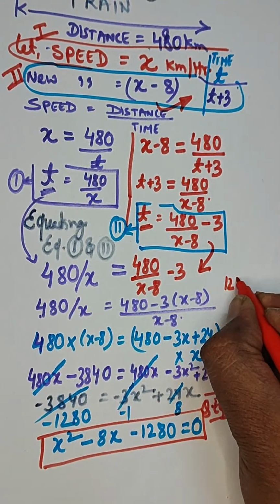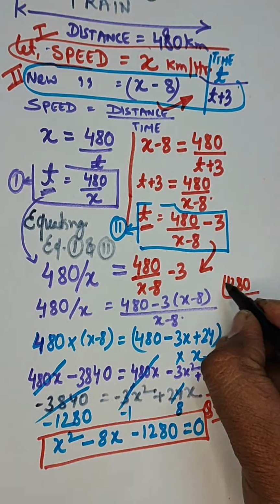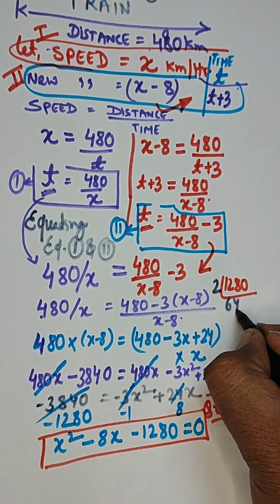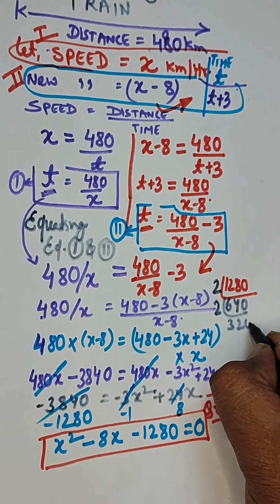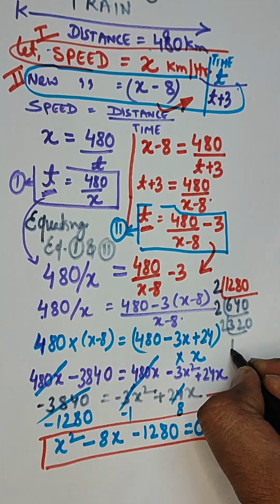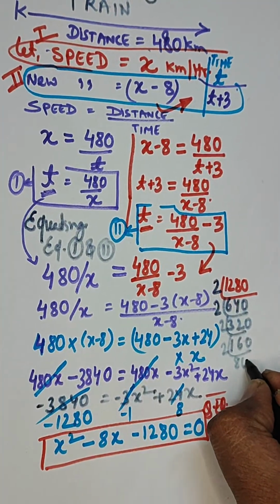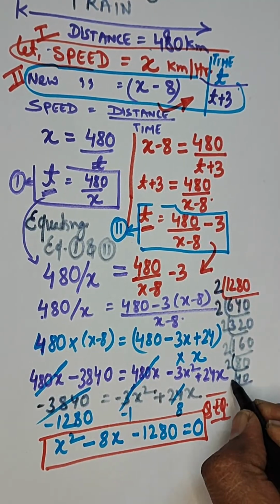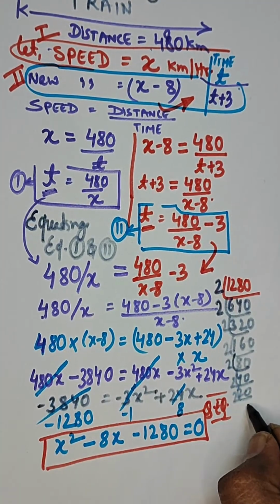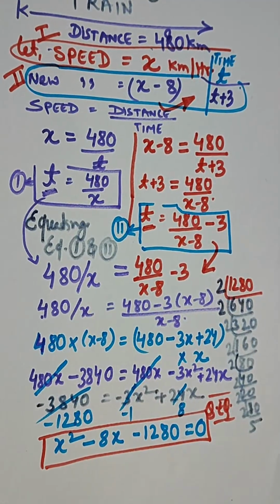When you take the factors of 1280, you can see 2 times 640, then 2 times 320, then 2 times 160, then 2 times 80, then 2 times 40, then 2 times 20, then 2 times 10, then 2 times 5, right?